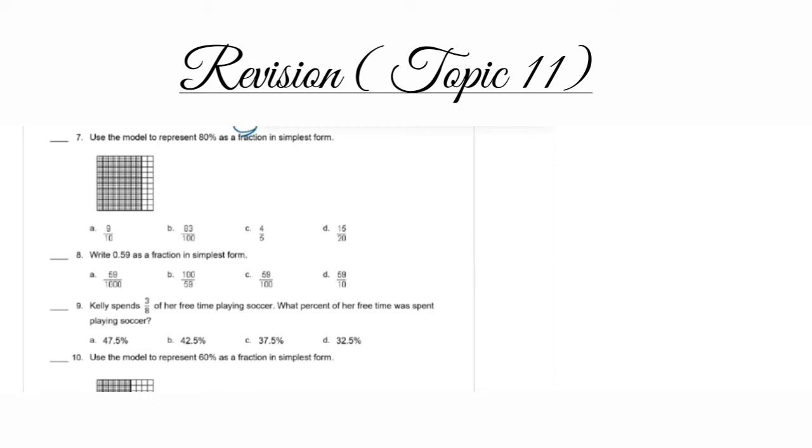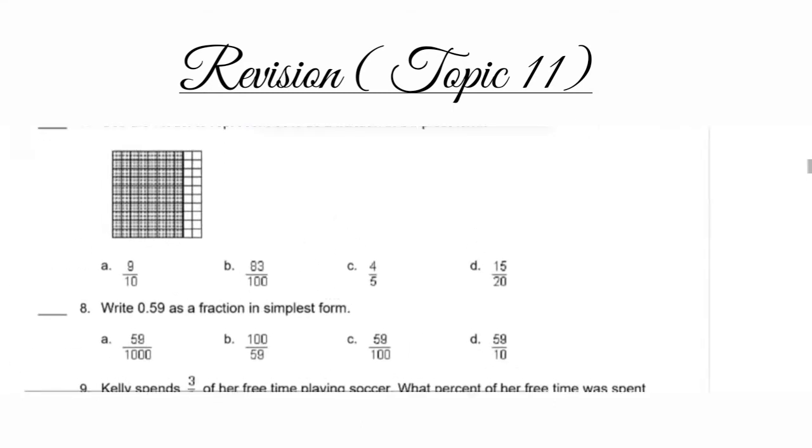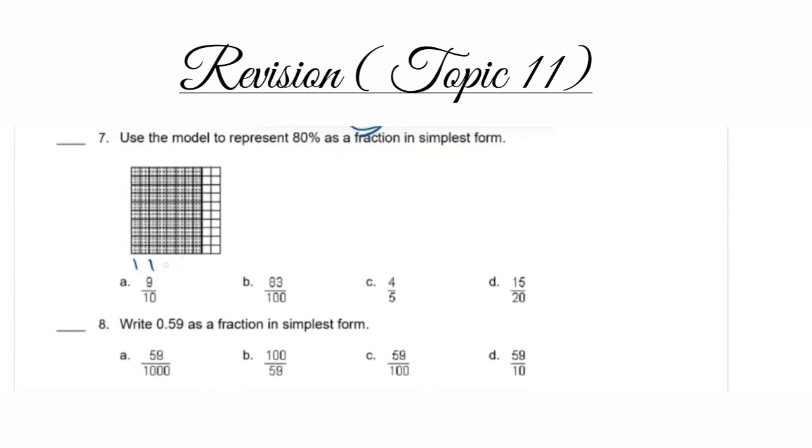And now, as columns, we have 8 columns. If we count the columns, you'll find 8 columns out of 10. So when you divide by 2, you will get 4/5, and the answer is C.